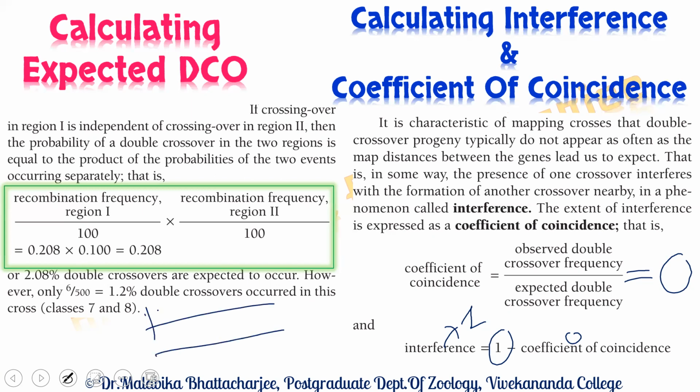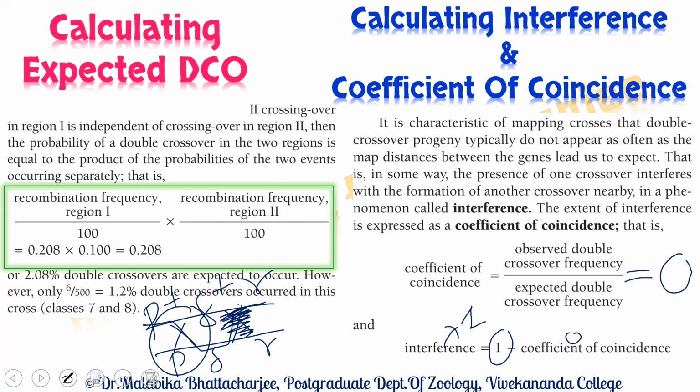See, how do we get double crossovers? We get double crossovers because two crossover events are occurring simultaneously at 2 points. Then only we get a double crossover phenotype. But if interference is 1, that means this crossover event is totally preventing the happening of this event, so this event cannot occur as a result of that crossover. Then there will be no double crossovers.